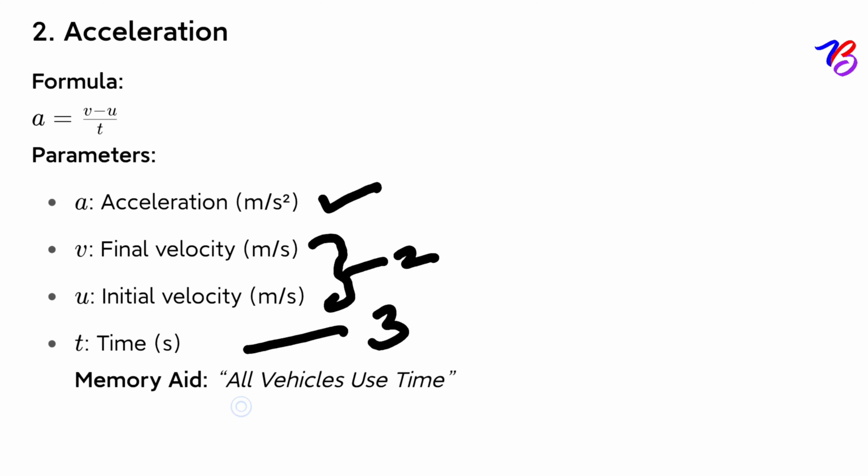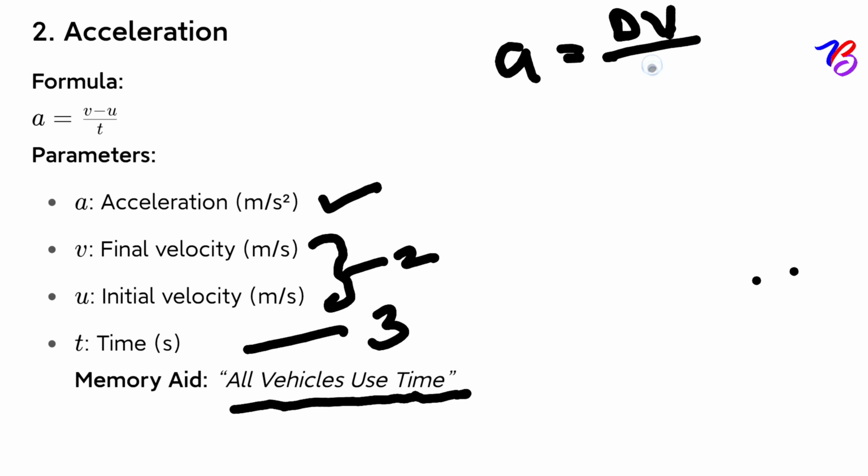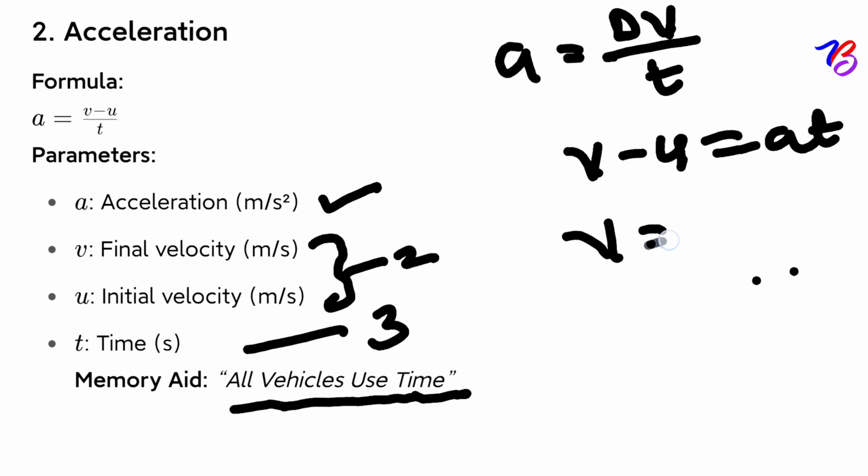So how do you memorize? All vehicles use time. Do you understand? All vehicles use time. With this, you'll be able to memorize this particular formula. And of course, this is the first equation of motion. If you say A is equal to change in velocity over time, this gives us V minus U is equal to AT, so that V is equal to U plus what?